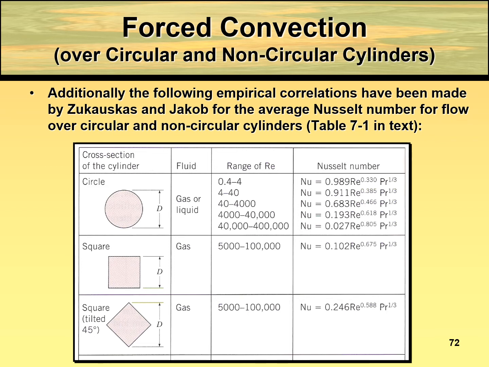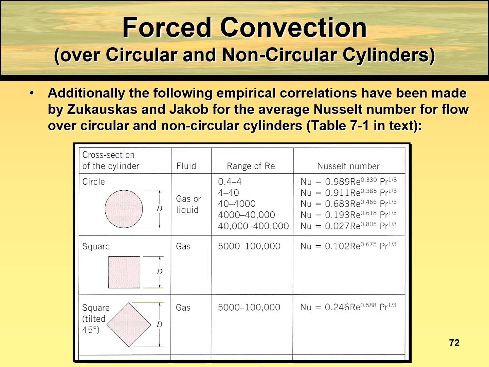By that, there are several types of experimentation that have been done by Zhukauskas and Jakob to define the correlation of the Nusselt number with the Reynolds number and Prandtl number.